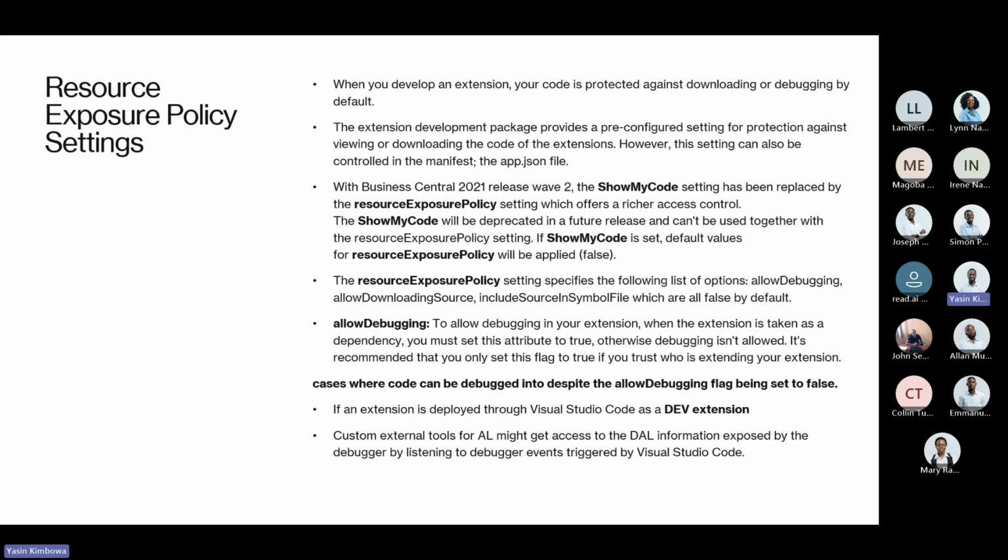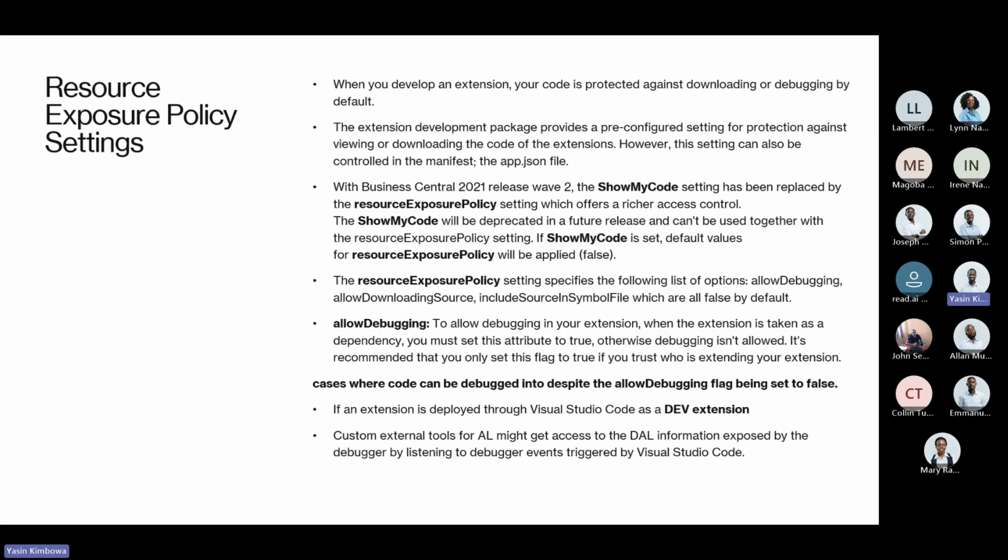Previously, we had the show my code setting, as we saw in the beginning slides. When you set show my code to false, then your code cannot be downloaded, cannot be seen. You cannot even debug in your code.